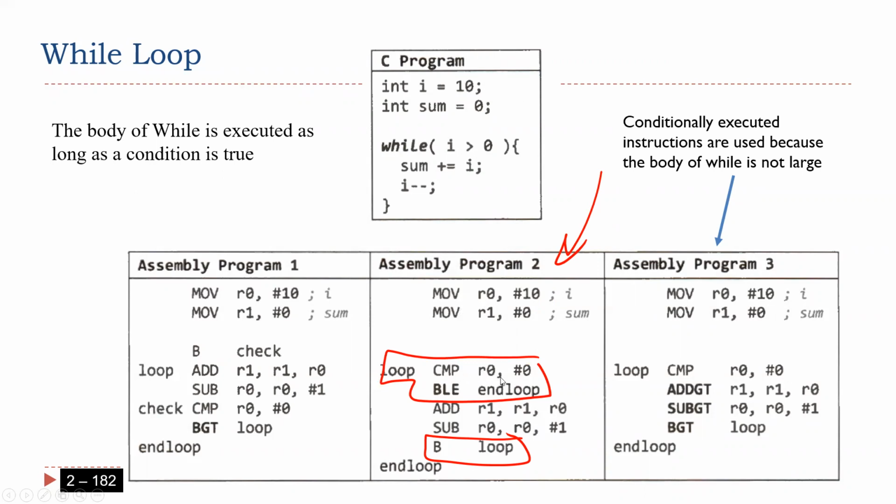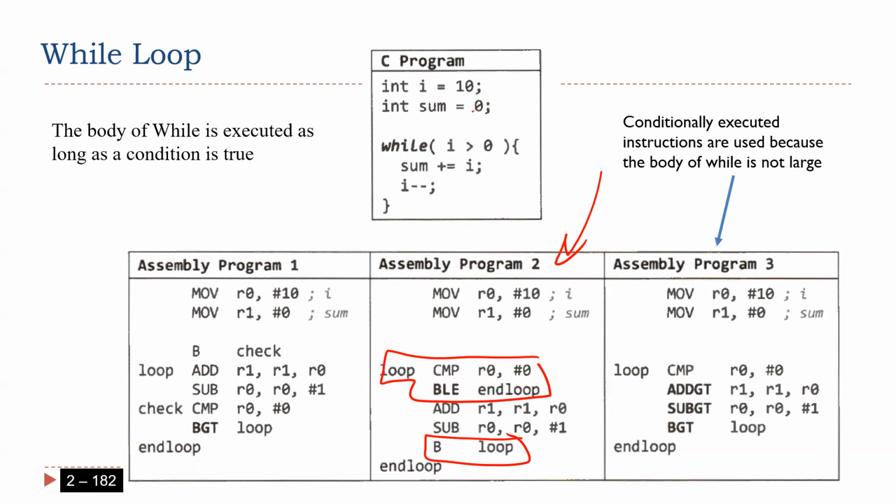So what I'm going to say here is branch if R0 less than or equal to 0. I think this should be okay, because as long as I is greater than 0, I have to keep looping.